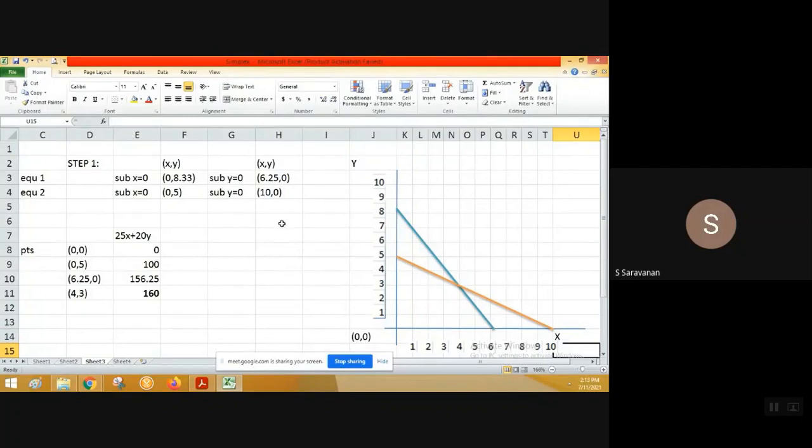The second equation, 0, 5 and 10, 0, is this orange line. Have you taken this? Step 2 is drawing a graph. That's all.